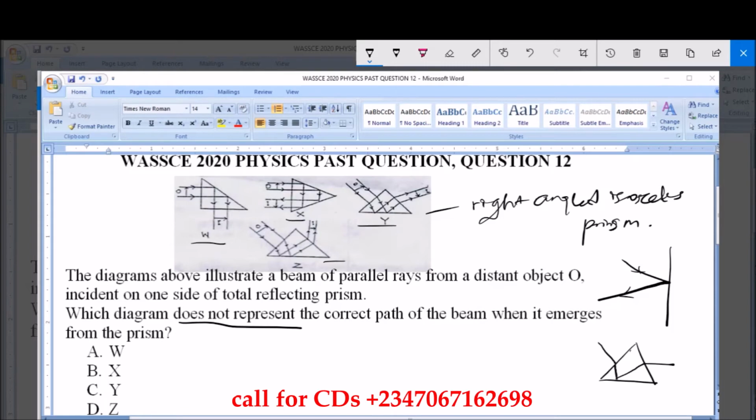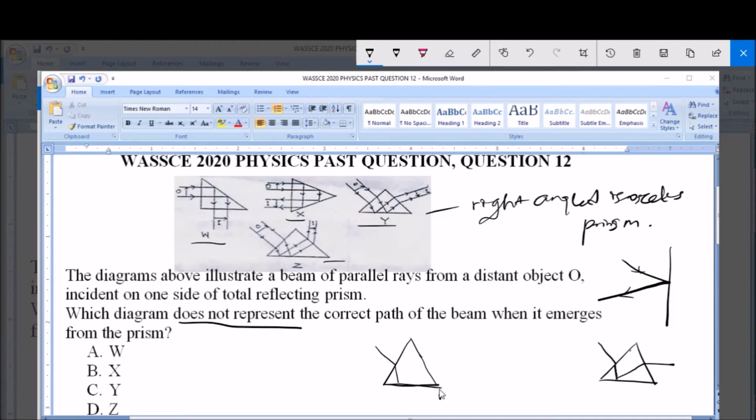But if you look at illustration Z, it gives us something like this. Initially the light hits this surface like this. The light is coming from air to glass, so definitely refraction must occur. As this light gets refracted, it will get to the other side of this total reflecting prism. Now the light has to be reflected, which was illustrated. So this was the incident ray, the refracted ray, then reaching here it becomes reflected again.